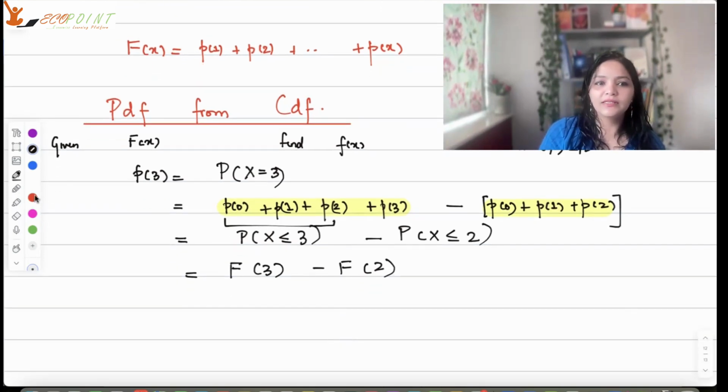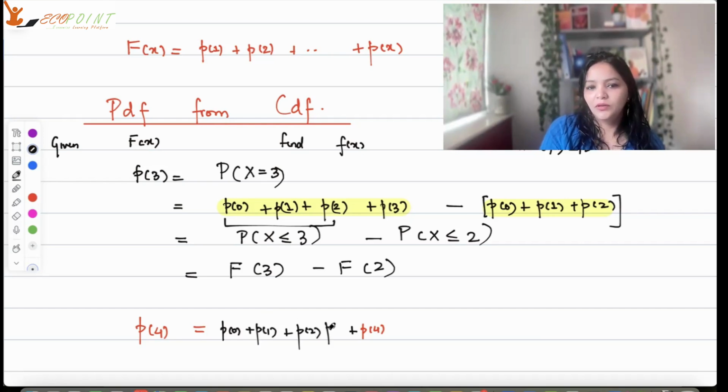Similarly, if you have to find out the probability that x is taking the value 4, but you are not given the PMF, you are given the CDF instead, then what will you do? Clearly think about it. You have P4 to find out. In order to get it to CDF form, you will have to add P0, P1, P2, P3. If you're adding, you have to subtract also, right?